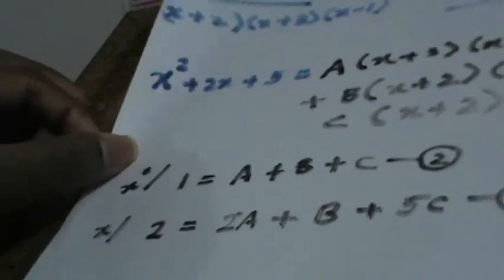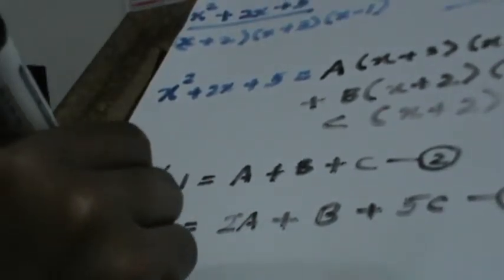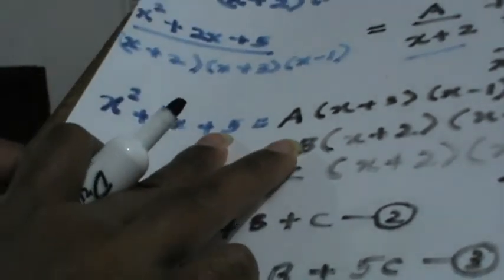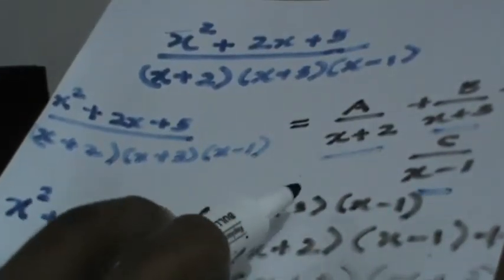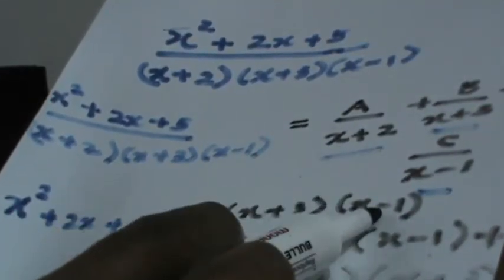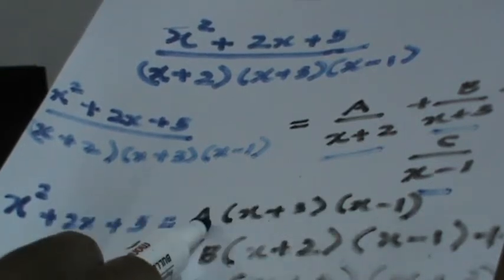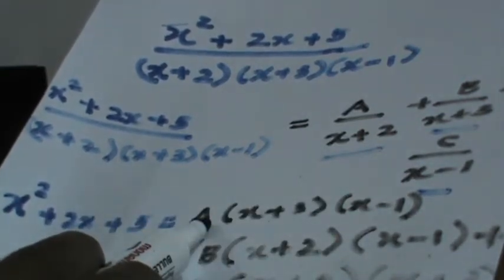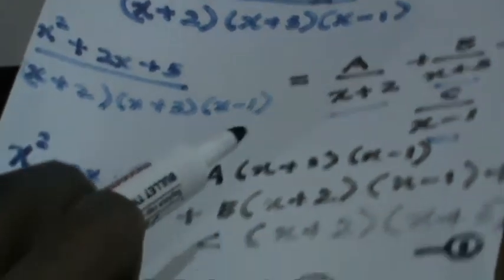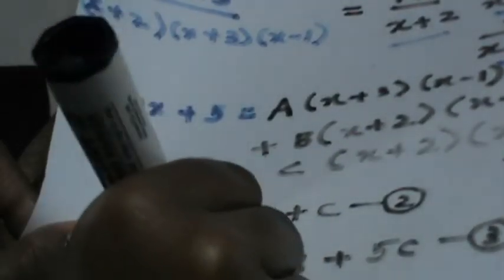The only option left for me is to equate the constants. When I equate the constants, I have a plus 5 on my left-hand side, and on my right-hand side I have 3 times minus 1, which is minus 3, and I have to multiply that by a, so that will be minus 3a. So the constant coefficient is minus 3a.